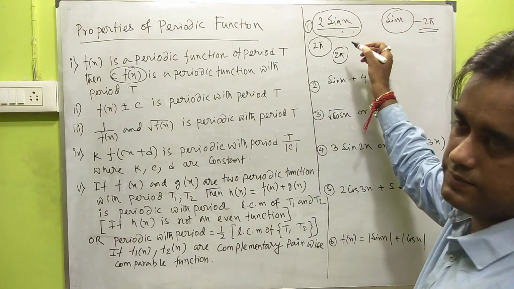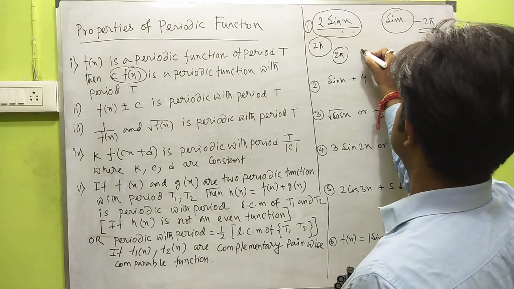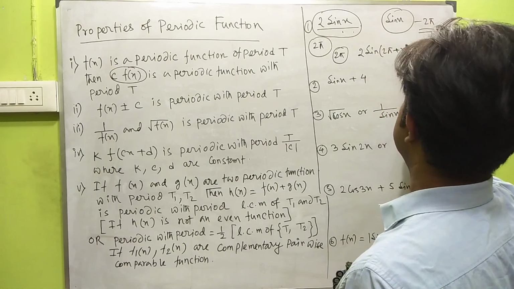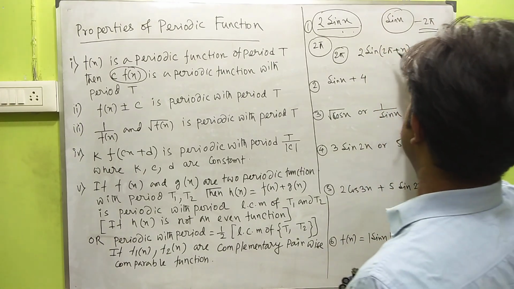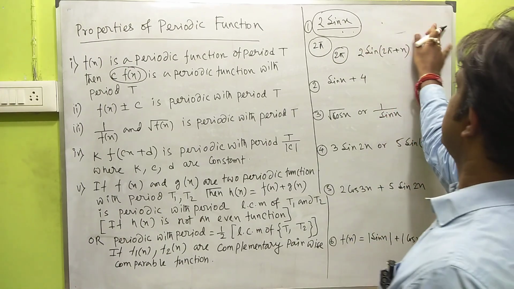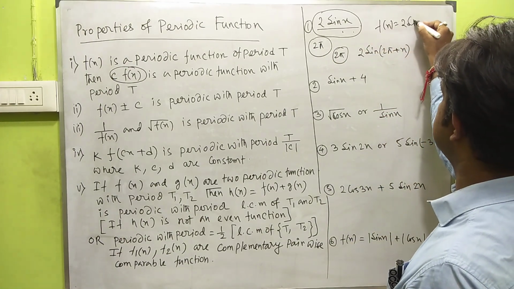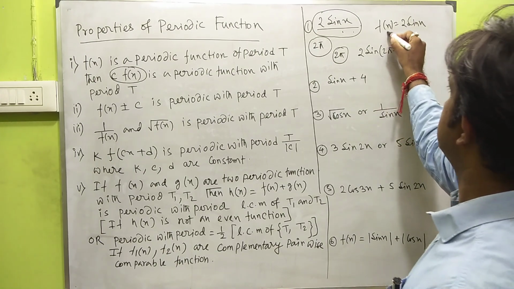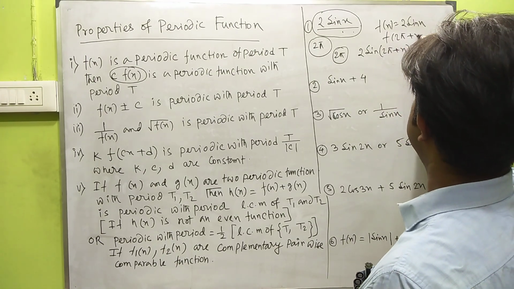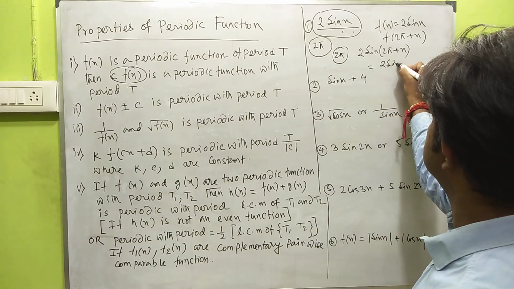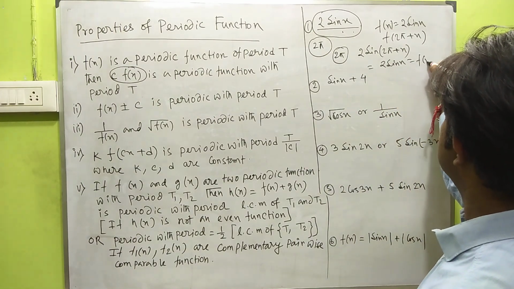Now we check this. Suppose f(x) is equal to 2 sin x, then f of 2 pi plus x will be 2 sin x, that is f(x).